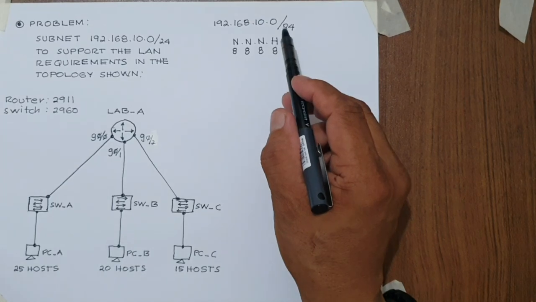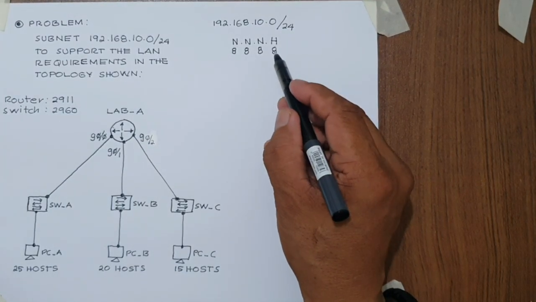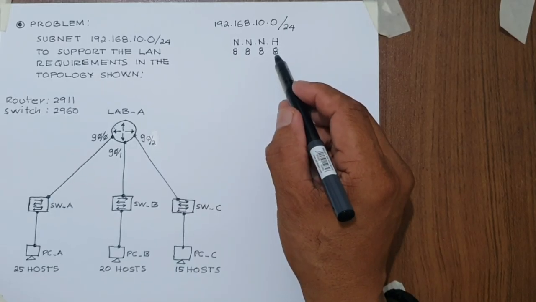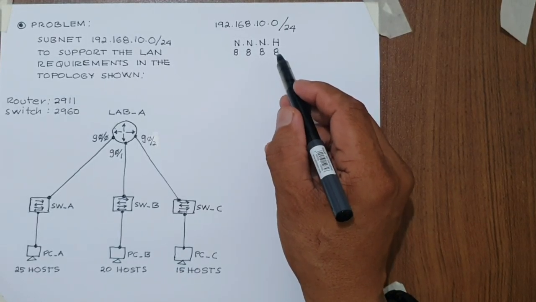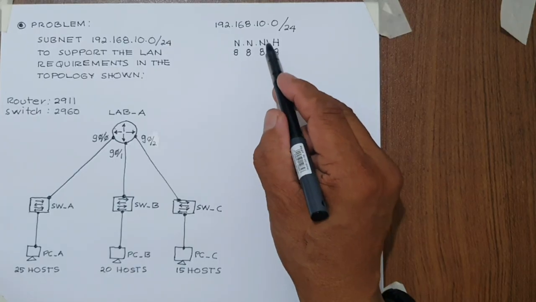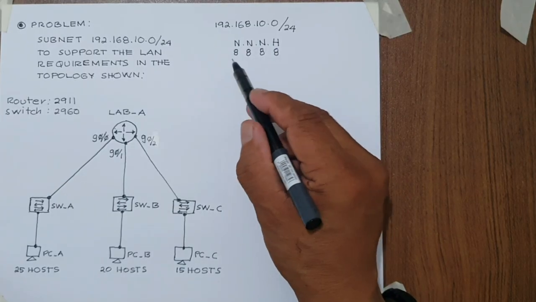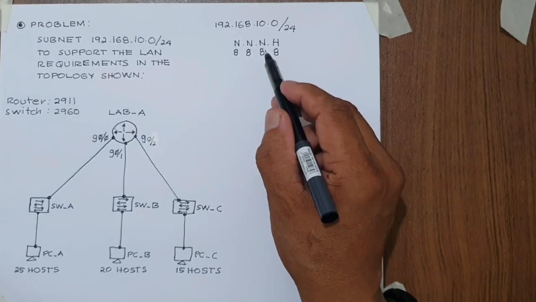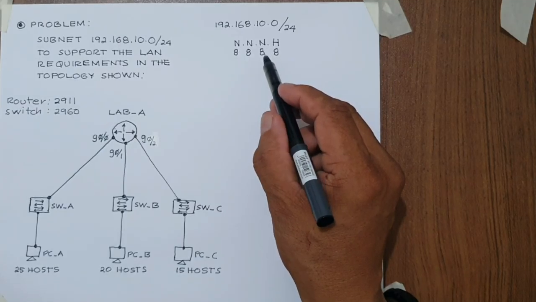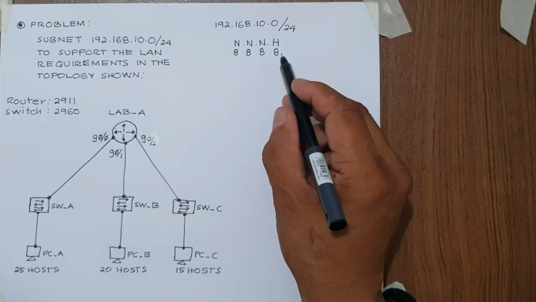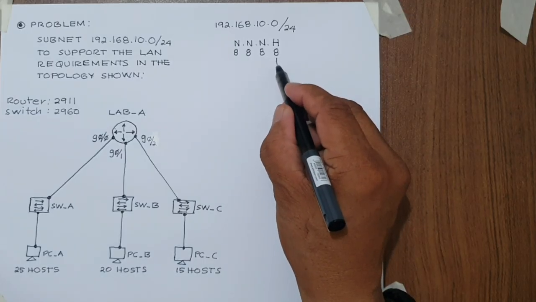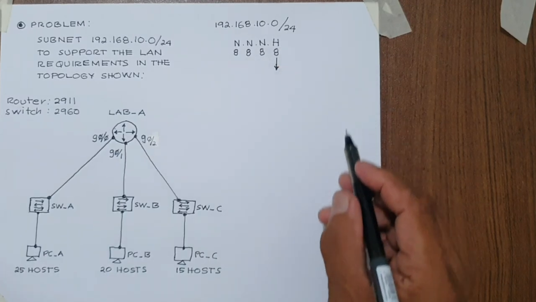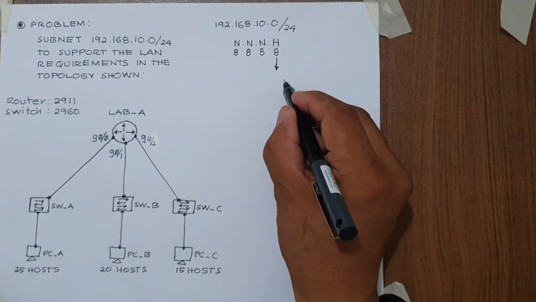To subnet a network is to borrow bits from the host. And those borrowed bits will become a part of the network, and the corresponding networks that will be created out of that process will be called subnetworks. So we will keep our focus on these 8 bits allotted for the host.